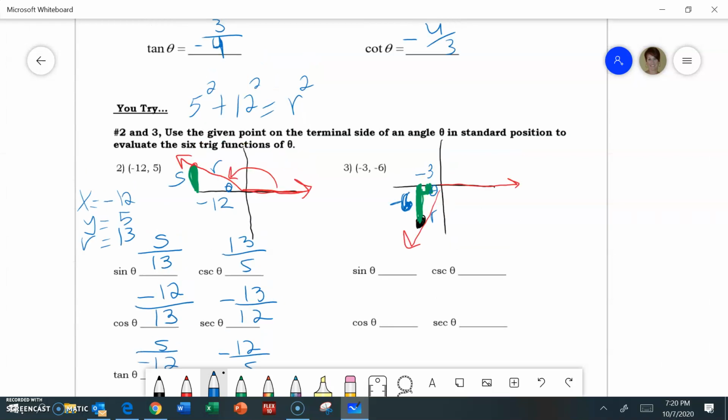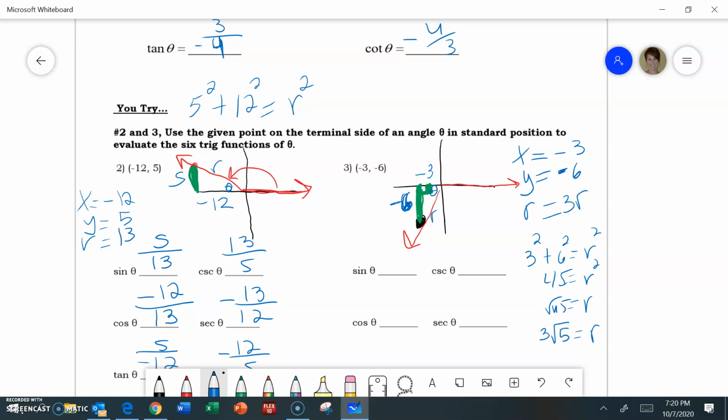Now in this problem, we already know that our x is -3, our y value is -6, but this time 3 and 6, I don't think, are a lovely Pythag triple. So we're going to have to use that Pythag theorem. So 3 squared plus 6 squared equals radius squared. And that's 9 plus 36. So I know you can handle this without me, but just in case, you want to simplify the square root of 45, I believe it simplifies to 3 radical 5.